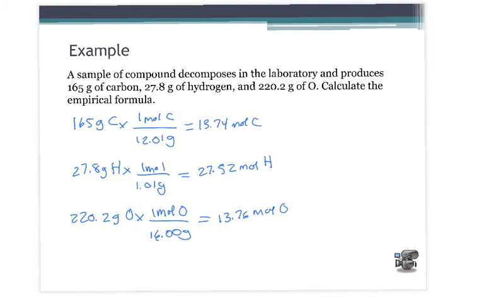But remember that we are figuring out the smallest whole number ratio between carbon, hydrogen, and oxygen, so we can simplify this. So how do we simplify it? We divide by the smallest number of the three, which is 13.74.